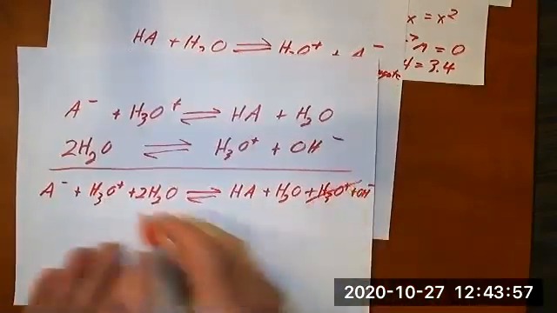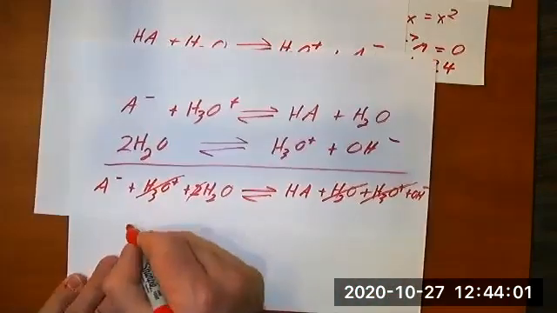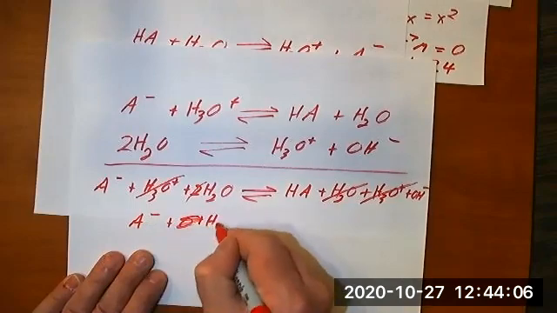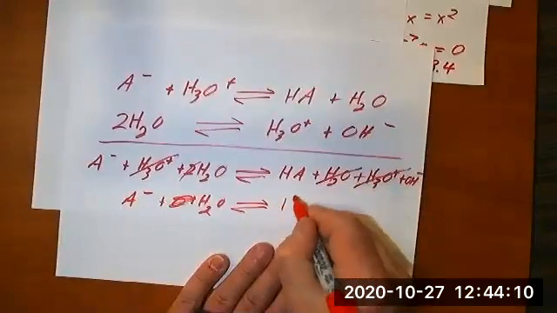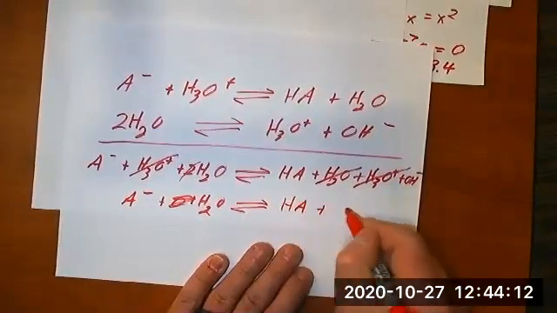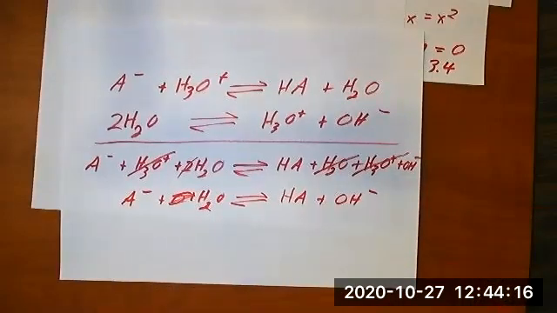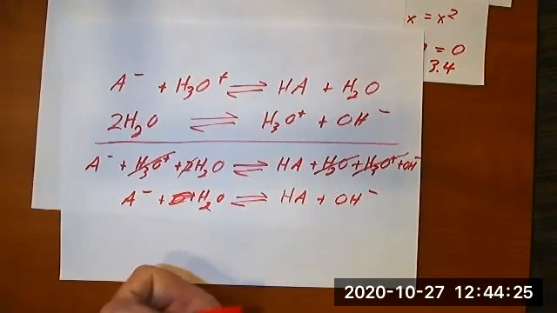We cancel out what we can, and we get A minus plus H2O is in equilibrium with HA plus OH minus. This reaction is the reaction we would write down if we wanted to write what is the standard base reaction.